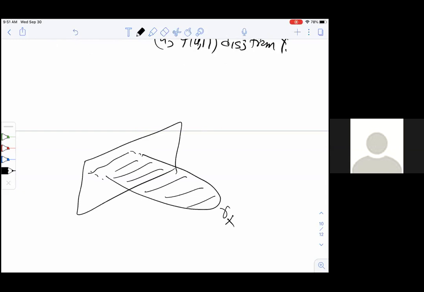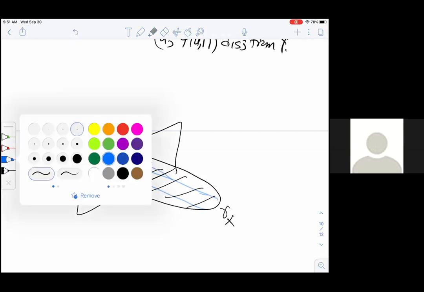You're just pushing this loop across this 2-disk until it ends up behind the 2-disk back here. So that's the isotopy. You just push across and you remove these 2 points of intersection.